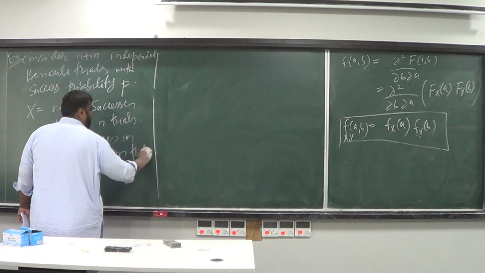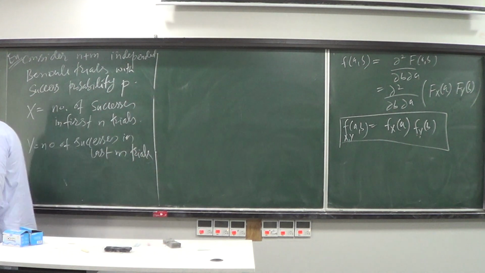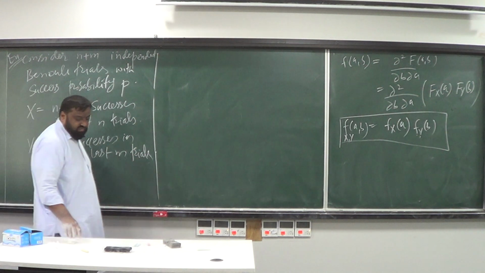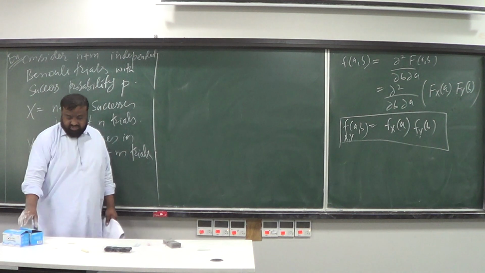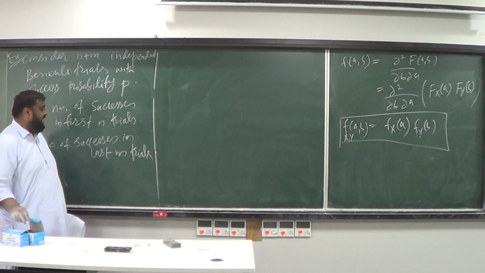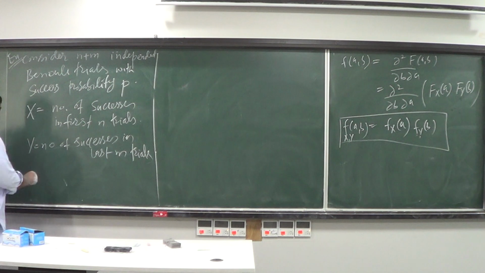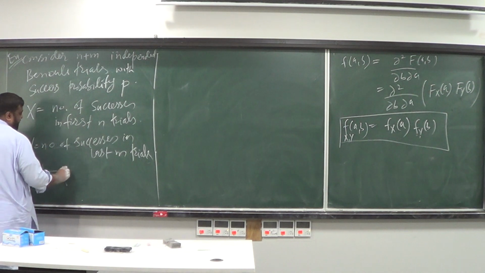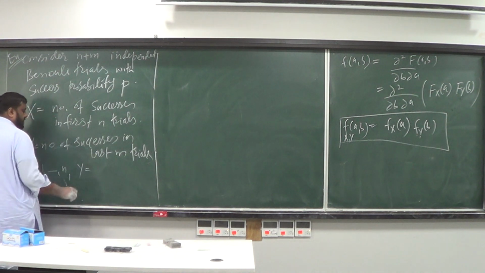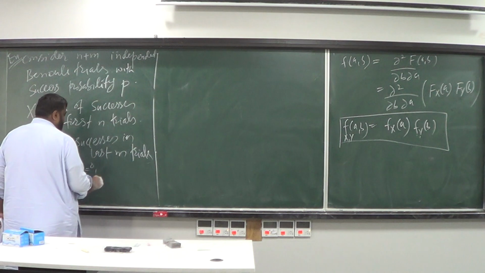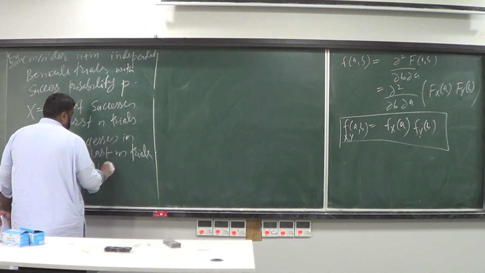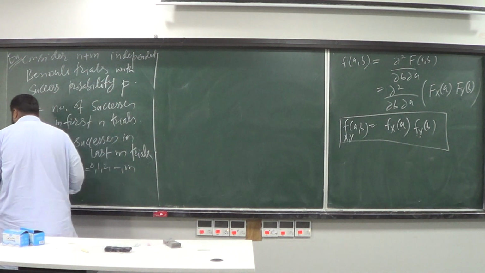So in the first n trials, X represents the number of successes, and in the last m trials, Y represents the number of successes. So what values can X take? X can take 0, 1 and up to n, and Y can take 0, 1, 2 and up to m.